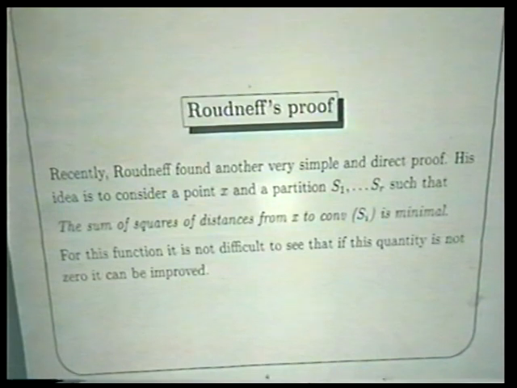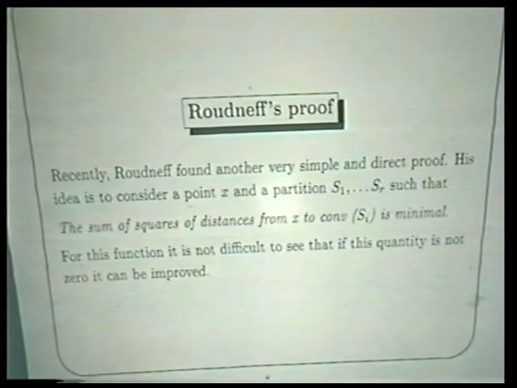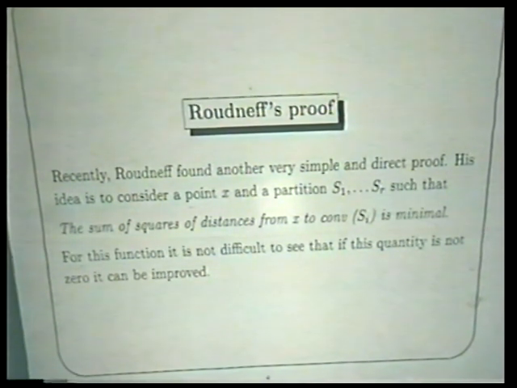His idea, which is not so different from other ideas which were used, but he used the right function, is to look directly at a point x and the partition S_1 up to S_r, so that the sum of the squares of the distances from x to these convex hulls is minimal. If you choose this function, somehow things simplify. Tverberg used a different function in some of his earlier proofs, but this function really does the job quite easily.